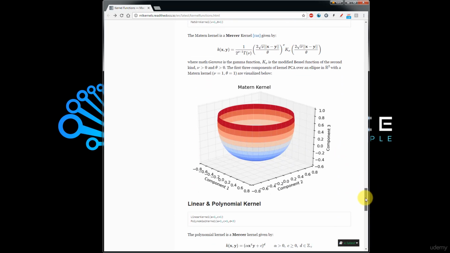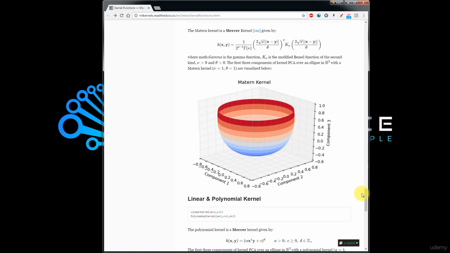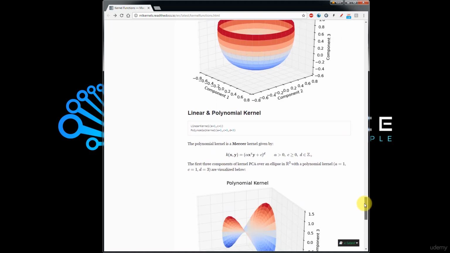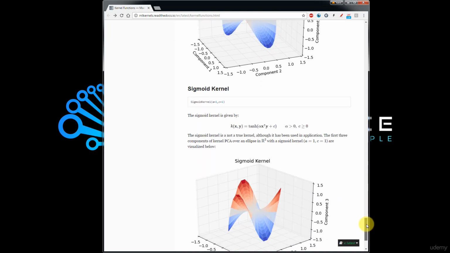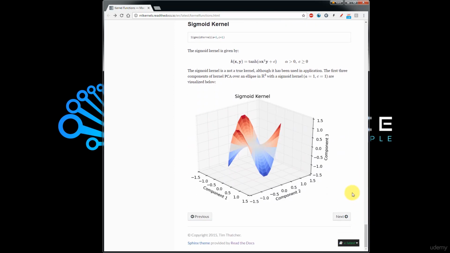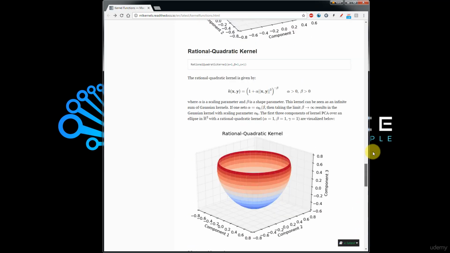Probably the 3 that we highlighted would be more than enough for most scenarios that you might come across. But it's always good to know that other types of kernels also exist and they are available to you. So there's this sigmoid kernel, which we talked about as well.